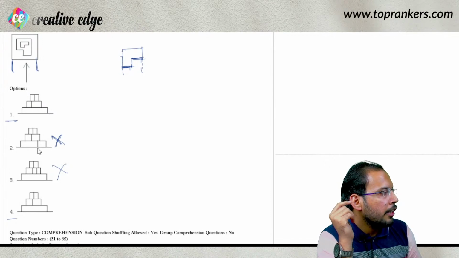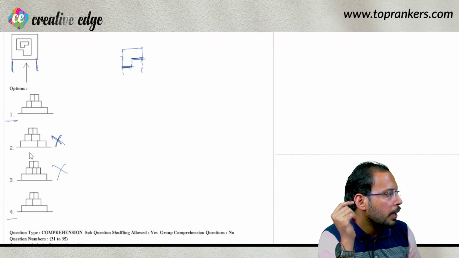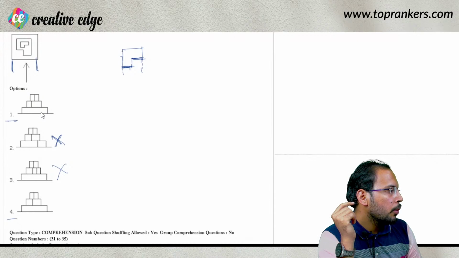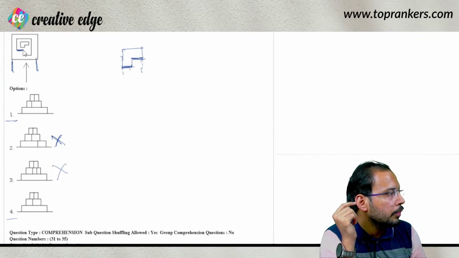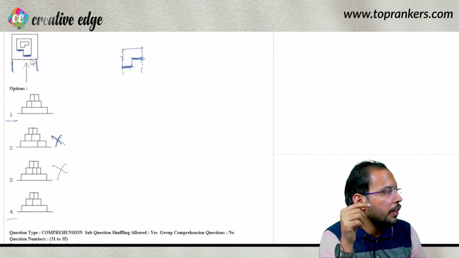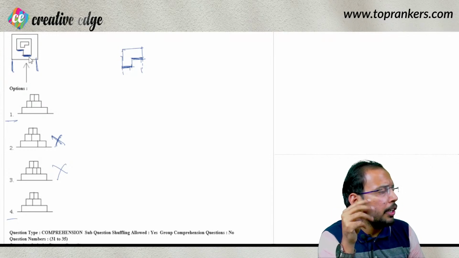While in option number 4 and 1, if I compare them, what I can observe is this length, I am shading that length and this length. There is a difference between these 2 lengths, but not that much.